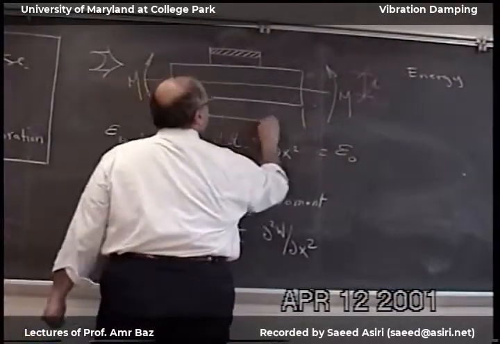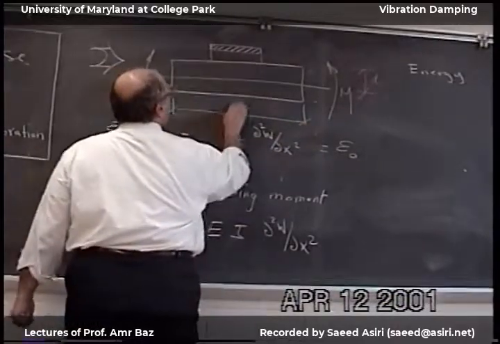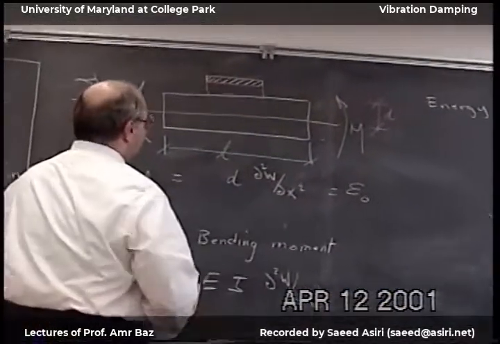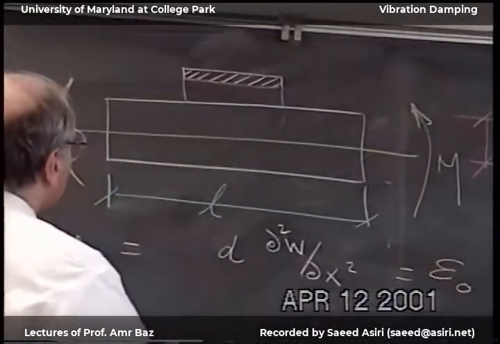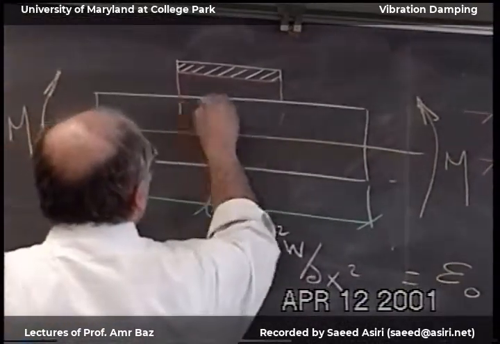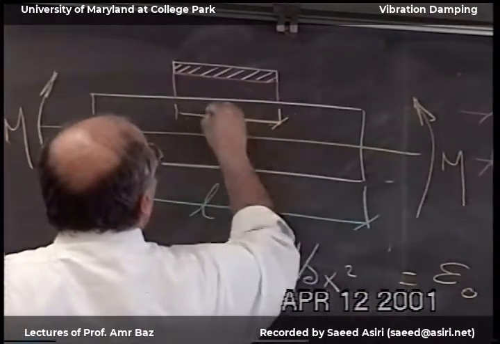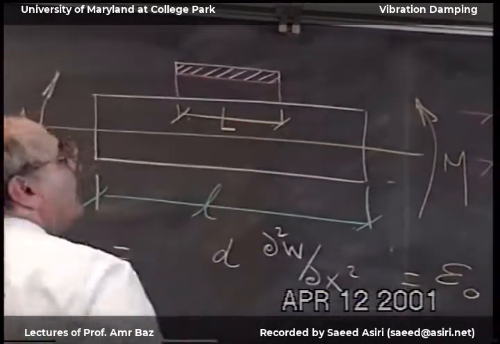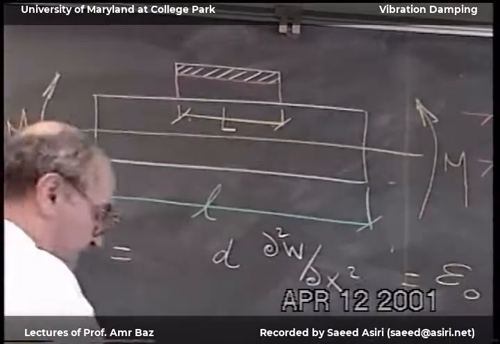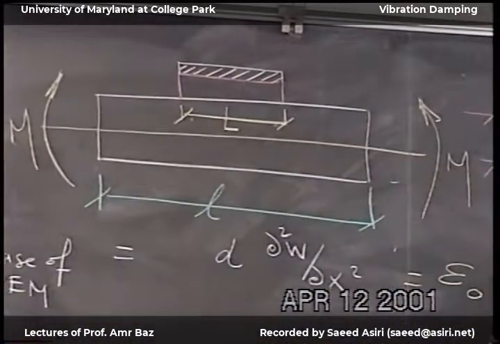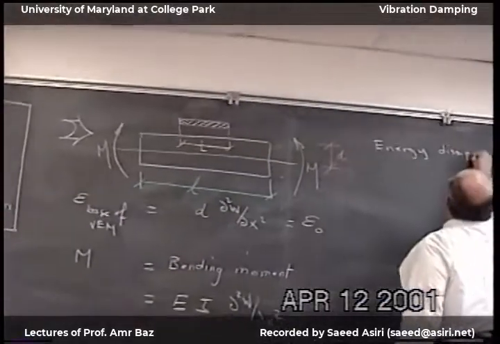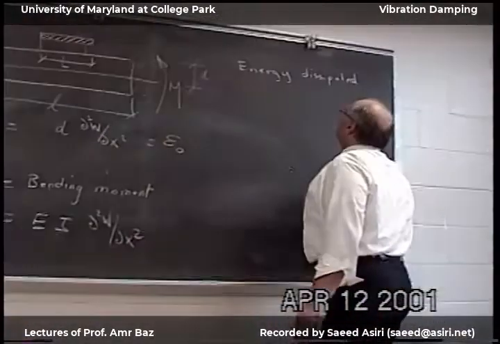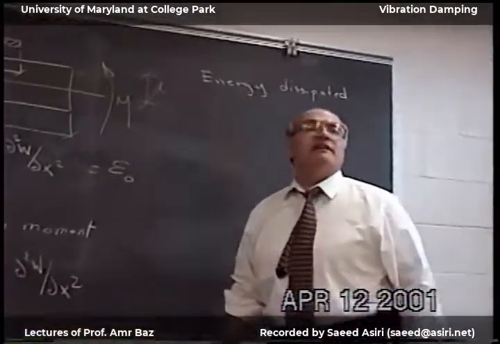We just say that this is a small l, and this is still my capital L. The energy dissipated in the constrained layer is still the same.